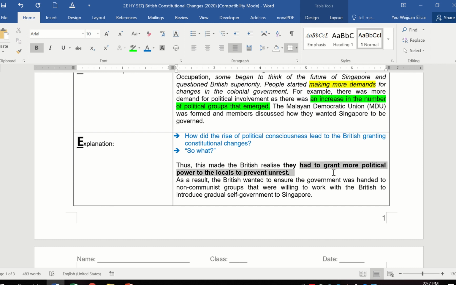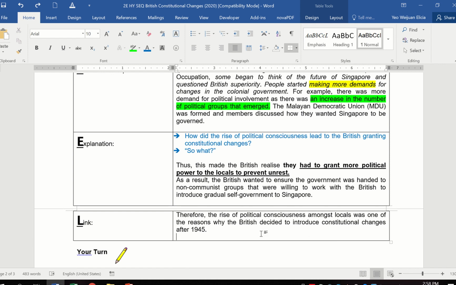Had to grant more political power to prevent unrest. Now that I've explained, let's do a final link back to the question. In this case, I can just simply say, therefore, the rise of political consciousness among locals was one of the reasons why the British decided to introduce constitutional changes.